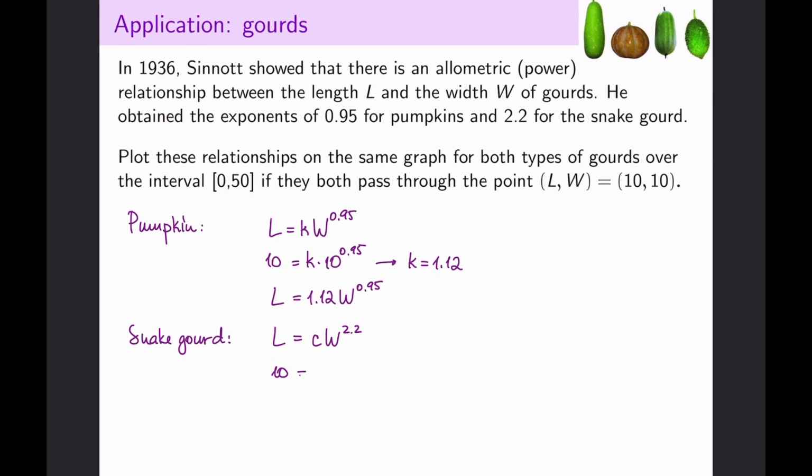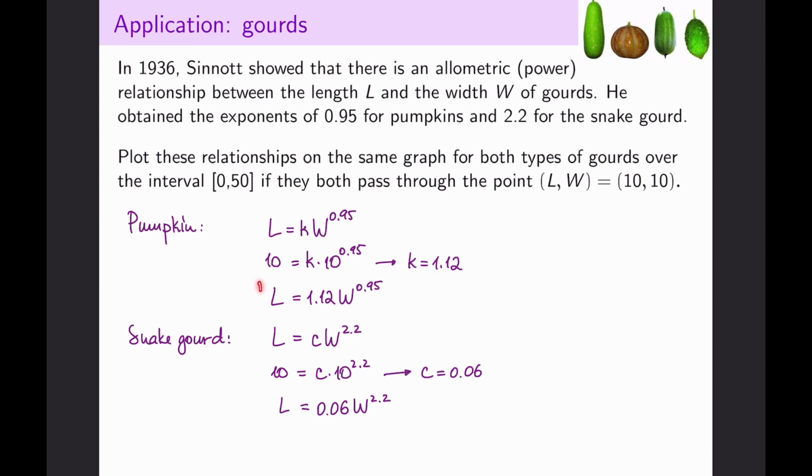Going through the exact same kind of procedure for the snake gourd, I will have that C, the proportionality constant, is equal to 0.06, again rounding to two decimal places, and that will give me the formula L is equal to 0.06 times W to the power 2.2.